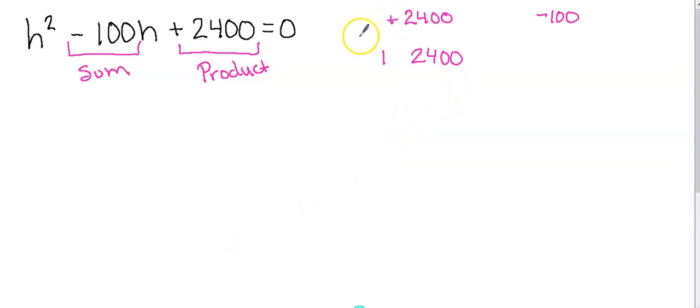When you have a positive answer from multiplication, that means your signs were the same. Whatever those two things you multiplied together were, they had the same signs. Now, when you get a negative from adding, and I know the signs were the same, that tells me both signs had to be negative.